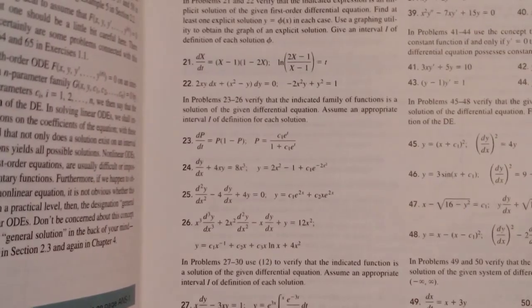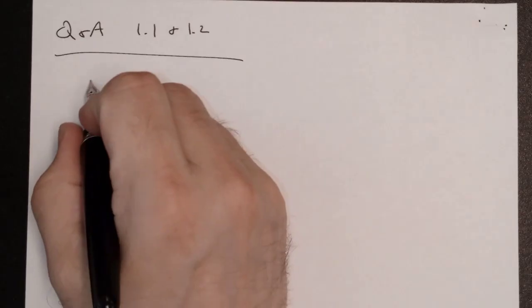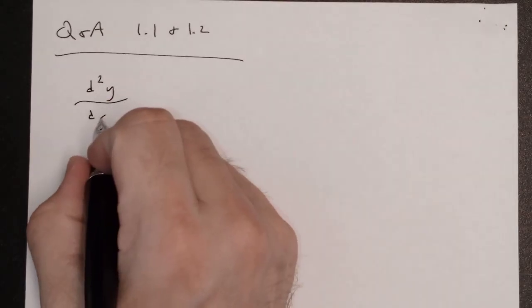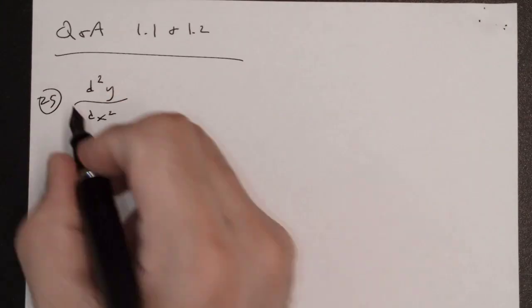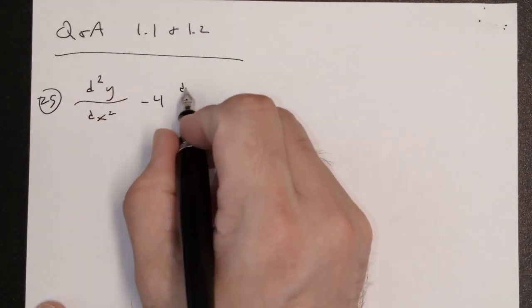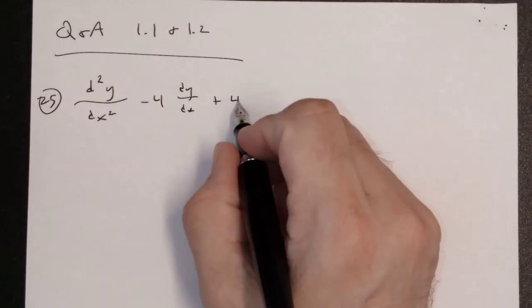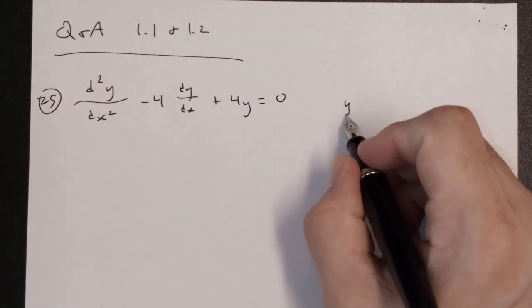Okay. So 25 says verify that the second derivative minus 4 times the first derivative plus 4 times the original function equals 0.